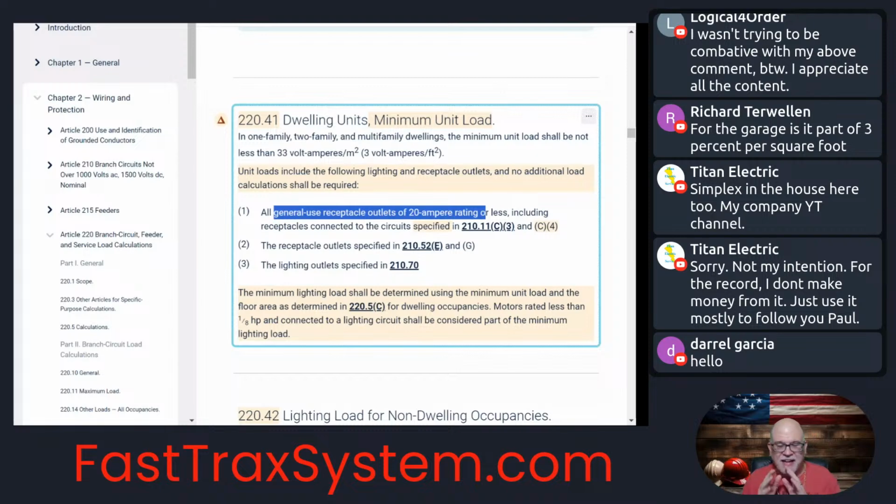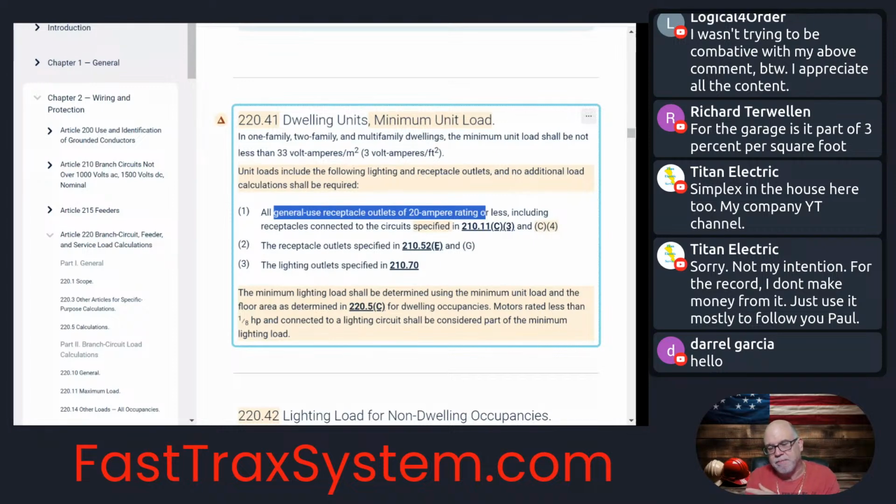Okay, so that's not the same as the required at least one 20 amp branch circuit to the bathroom. We're talking about a load calc here. So we don't have to account for any additional VA for that garage or for that bathroom. But this also brings me to a question people ask about an unfinished basement. That is one of our questions on our Fast Tracks program.